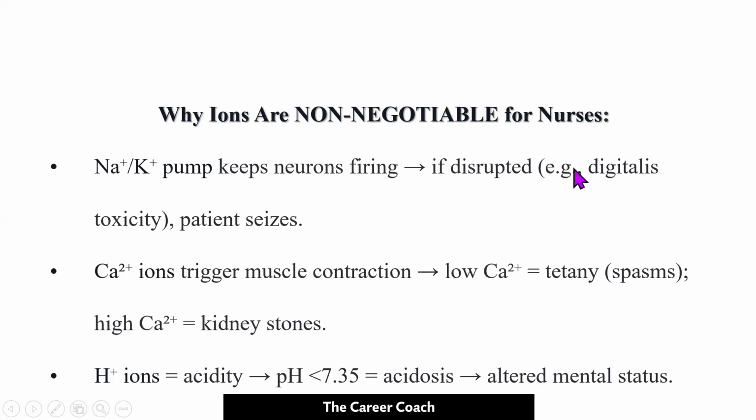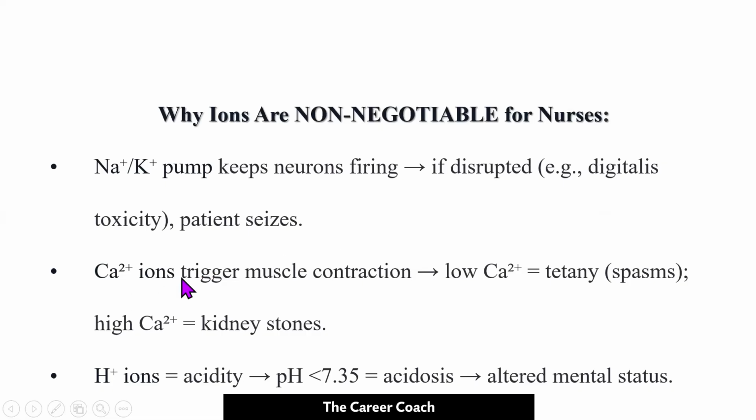Example of when the sodium-potassium pump is disrupted is digitalis toxicity, right? Toxicity of digoxin. When the medication is given in excess dose, it will lead to the stopping of the sodium-potassium pump, which will now lead to seizures, and if it's not properly managed, could be fatal.